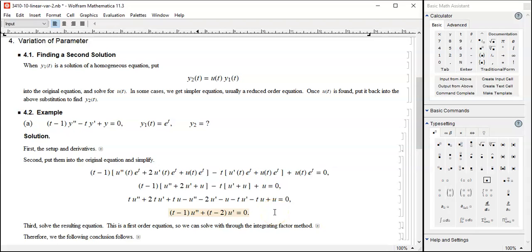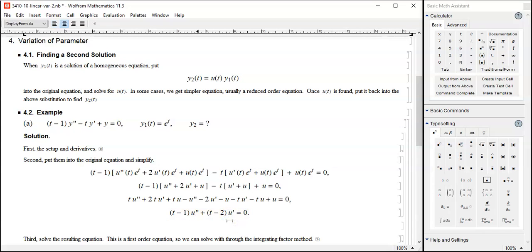So what did you get? A second order linear ODE became a first order linear ODE. Do you see it? Second derivative, first derivative, but no original function, so this is actually first order. So this is reduction of order in action.